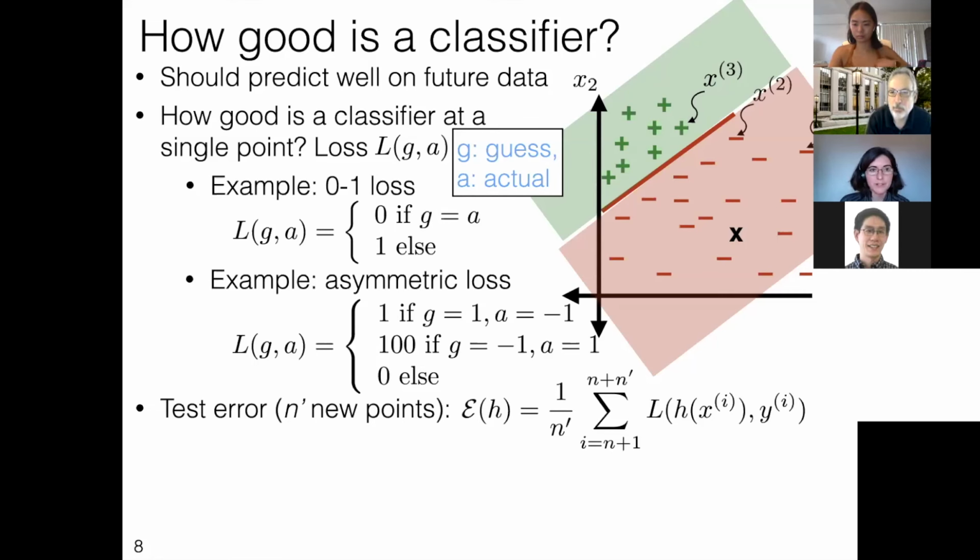We want to be able to predict well on future data. And the whole problem with this is that we do not have access to the future data. So this is a total fantasy that we can never actually do in real life. So yes, I would love to be able to say that in the next 500 newborns that come in, I'm going to get it right 99% of the time.